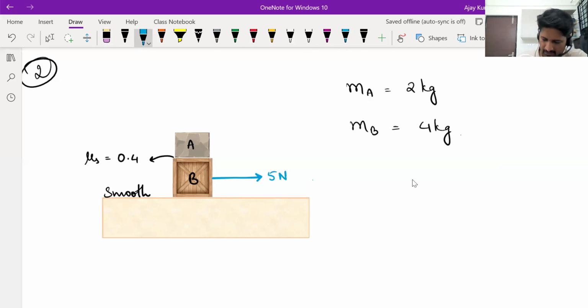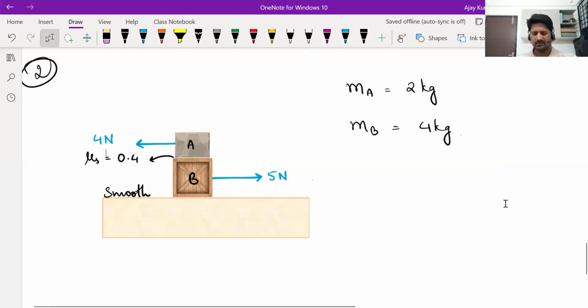And this time we are applying a force on A also, in the backward direction. And let's say that force is, okay, 4 Newton. Find out what happens. Like the question is to calculate the accelerations of the blocks.